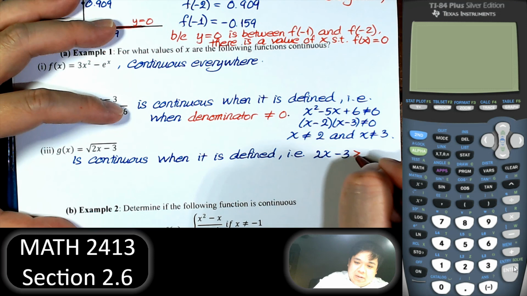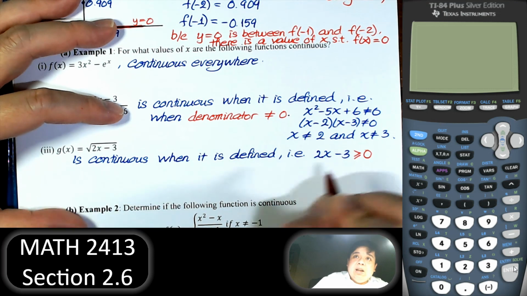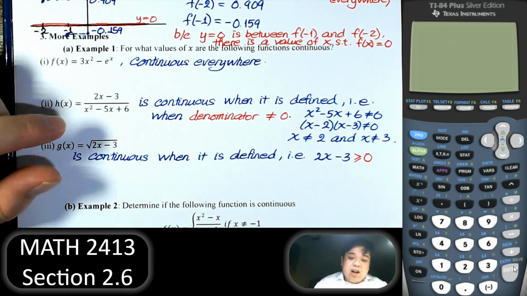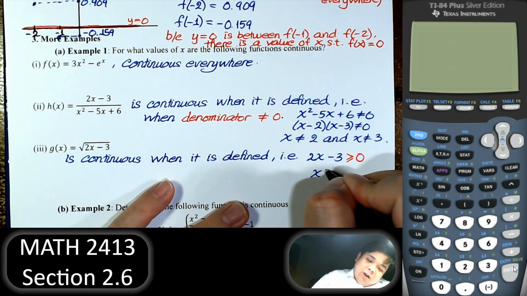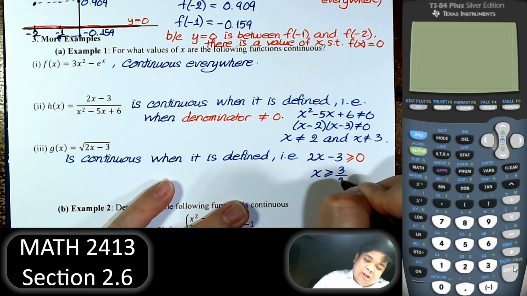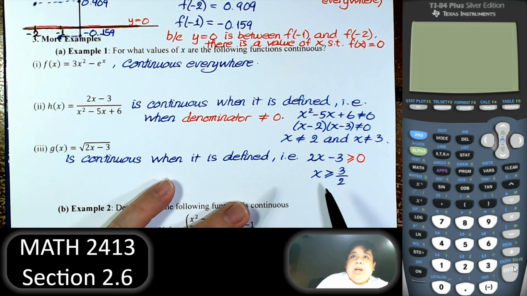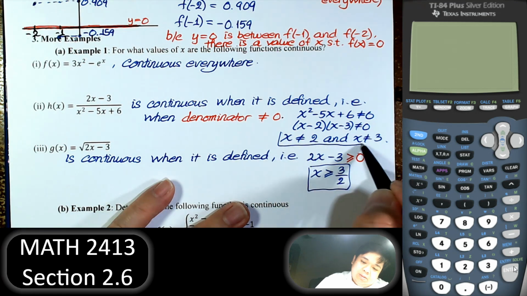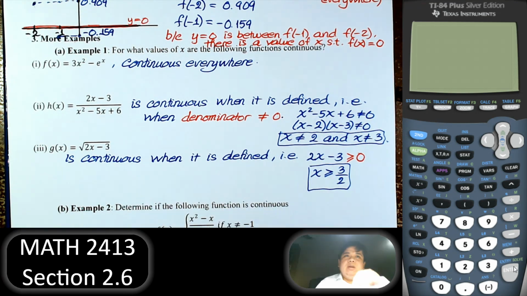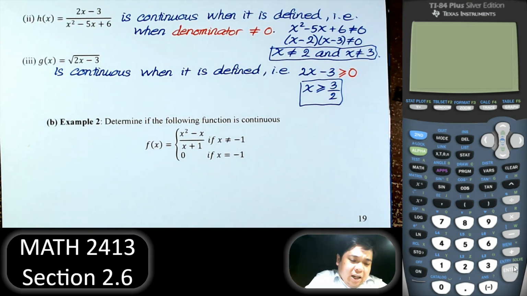So we cannot have imaginary numbers here, meaning we cannot have a negative inside an even root. So for x, x greater than or equal to 3/2. So when x is greater than or equal to 3/2, the function is continuous. Simple enough.